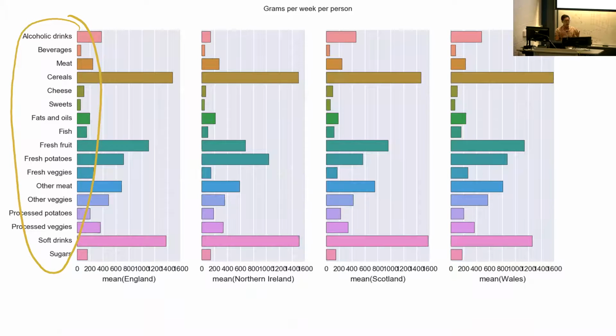A natural question you might ask is, is it maybe just a few of these consumed products that lead to some kind of separation between the countries, that tell you that the diet of one country is measurably different from the diet of another? So that might be a thing you ask.